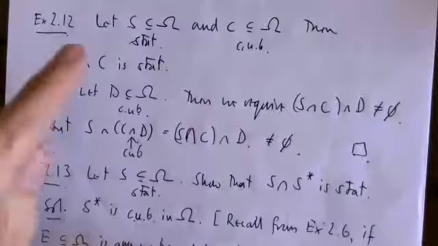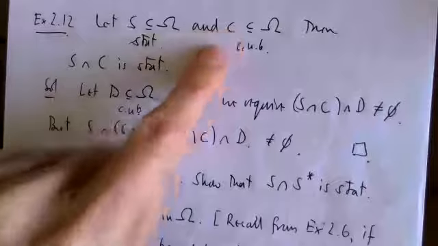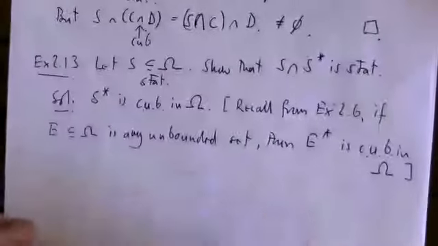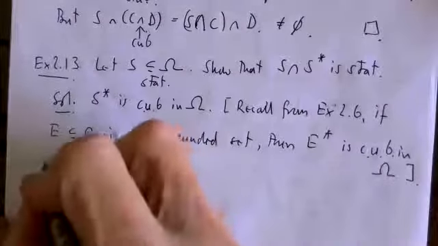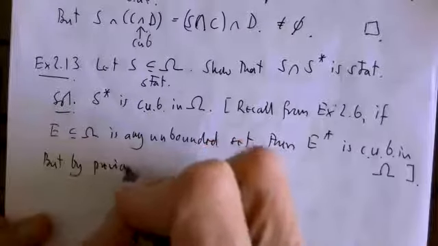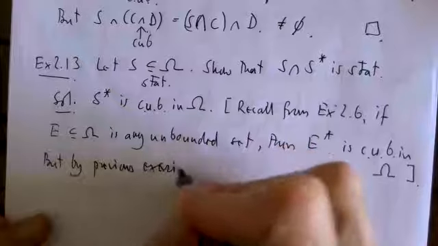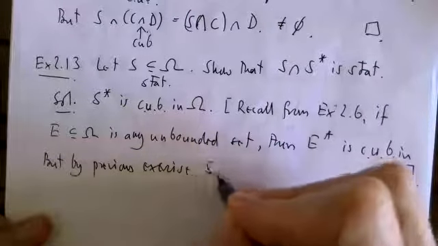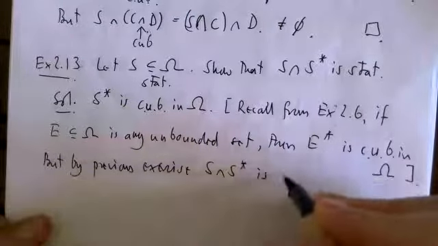I'm just plugging in S star into the previous exercise. So by the previous exercise, S intersect S star is stationary.